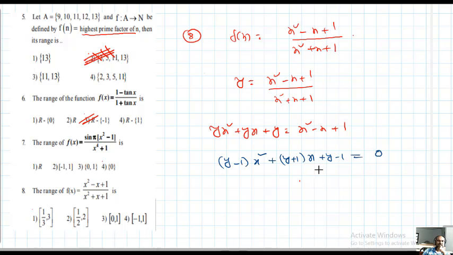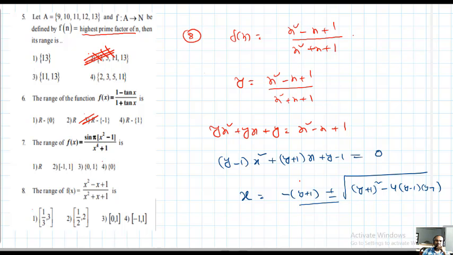This is quadratic in x. So you know how to find x. X equal to minus b, minus (y plus 1), plus or minus root of (y plus 1) whole square minus 4ac, 4 into (y minus 1) into (y minus 1), by 2 into (y minus 1).